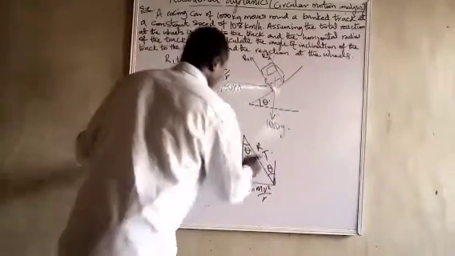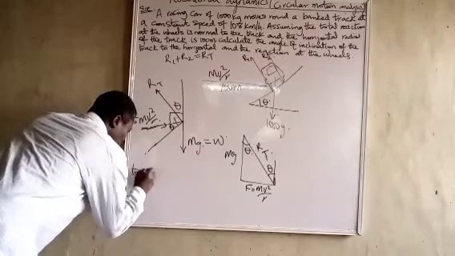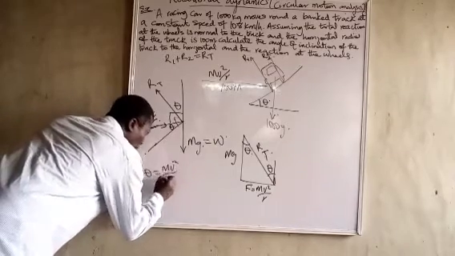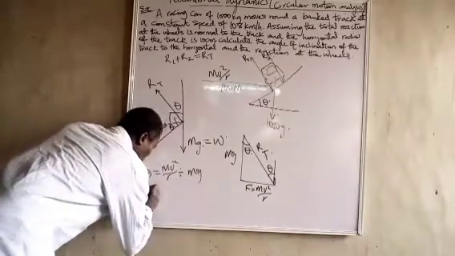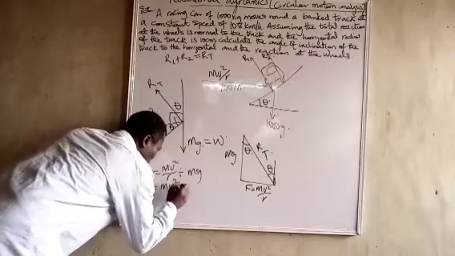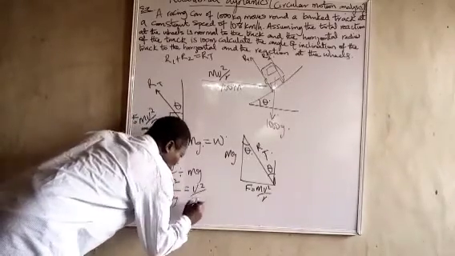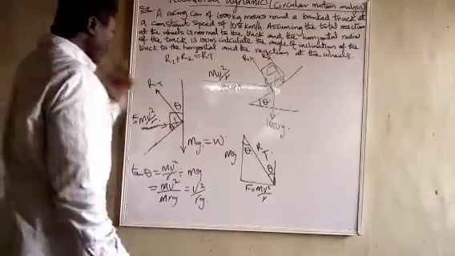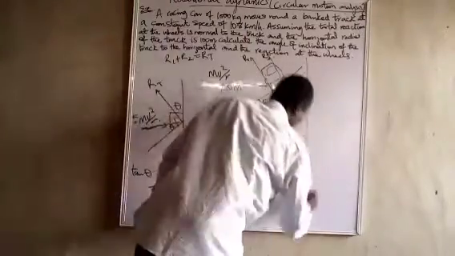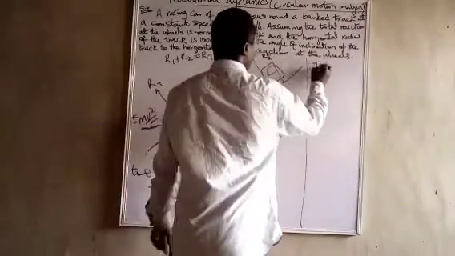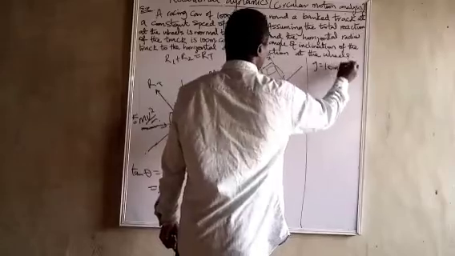Now, if I want to find theta, I can say tan theta is equal to mv squared over r divided by mg, which will be equal to mv squared over mrg, that is v squared over rg. So from here, let me find my v, my r, and g. g is 10 meters per second squared.